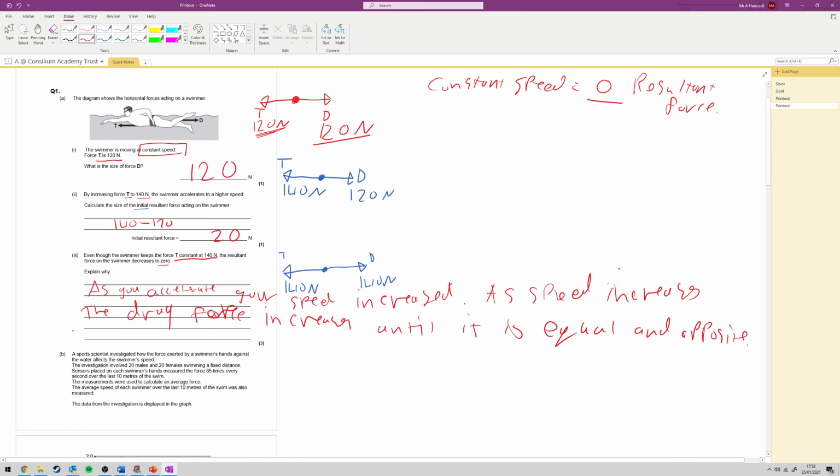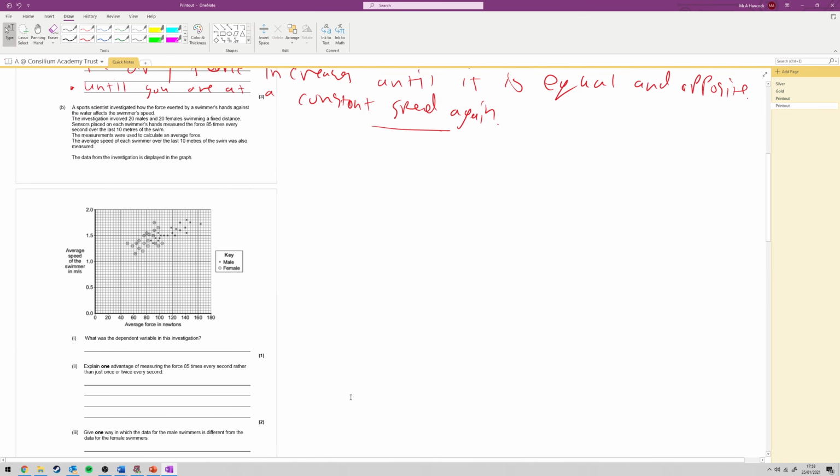There. So then that's the first point. This is the second point here, until it's equal and opposite, and then this is the third point, until you are at a constant speed again. Granted, this constant speed will be faster than the other one because you are pushing harder, but you will still be stuck at that constant speed until you push harder.